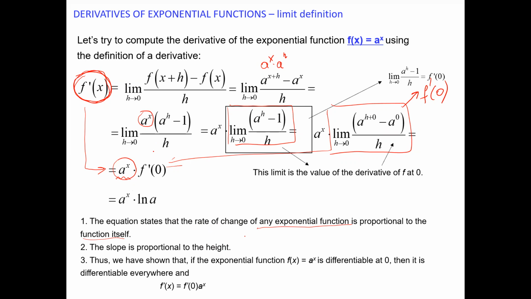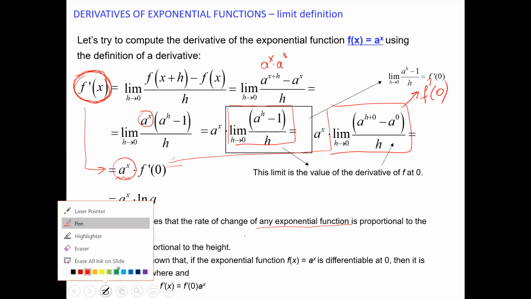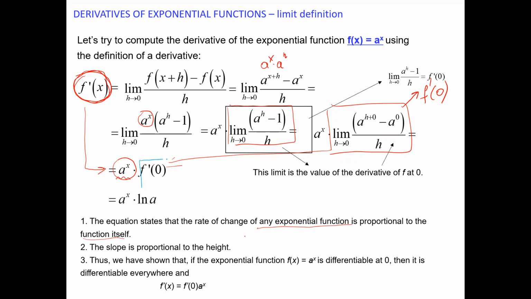Okay, that value, the derivative of the function a to the x at 0, is equal to the natural log of a. In order to prove this, we simply have to compute this limit.